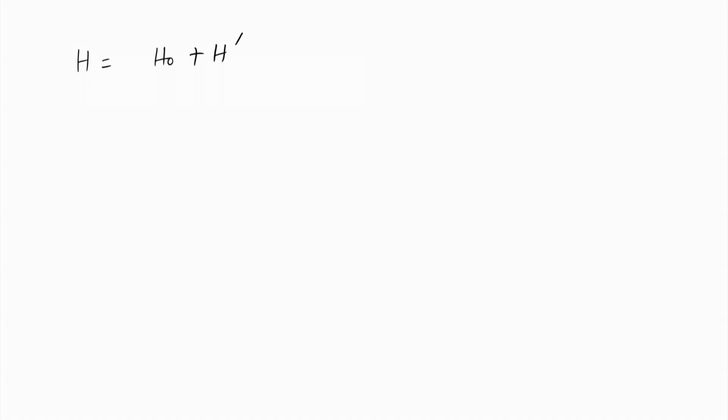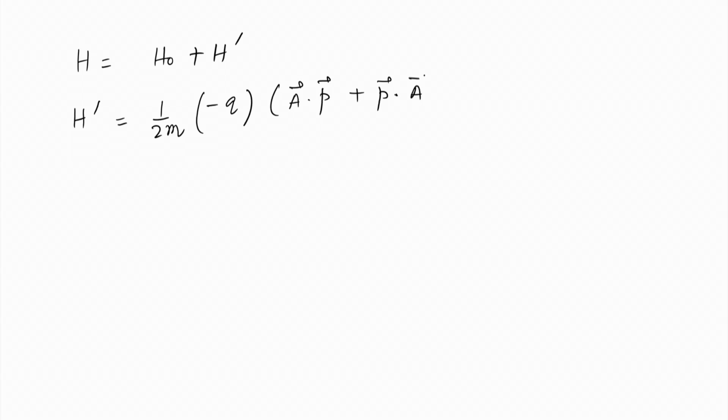So, the H prime, let us call it the perturbation term, is equal to 1 over 2m times minus q, A dot p plus p dot A, and plus q phi. So, that is the perturbation term.